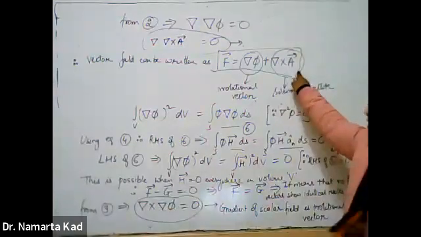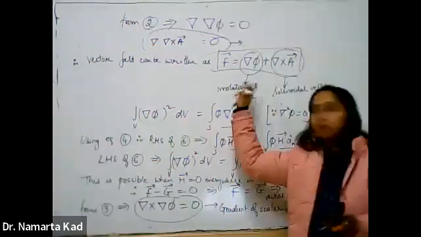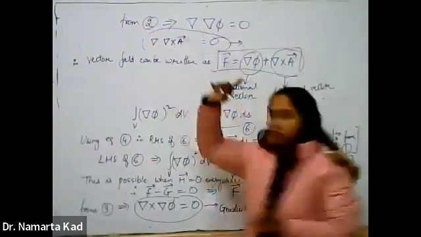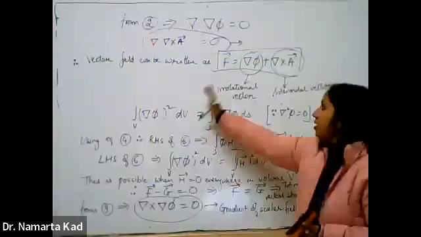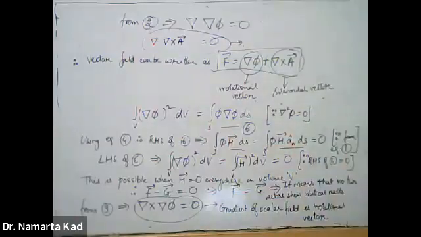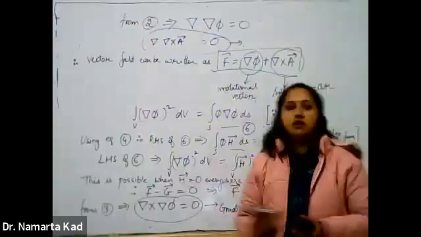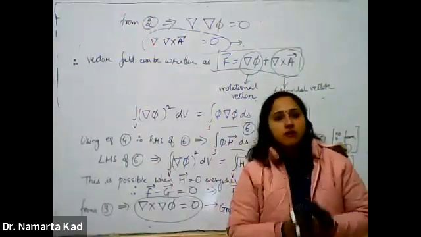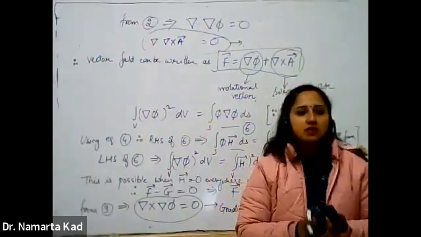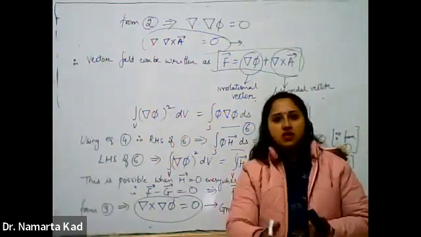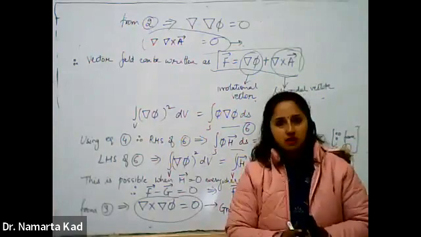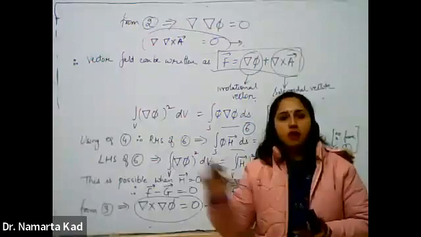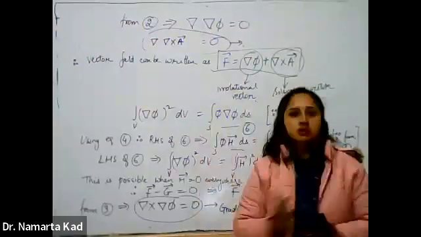Del cross A is a solenoidal vector whose divergence is 0. So that's why a vector field can be completely represented by the sum of the solenoidal vector and the irrotational vector, or the vector field is completely specified by its divergence and curl. Okay, so this is all about the Helmholtz theorem.